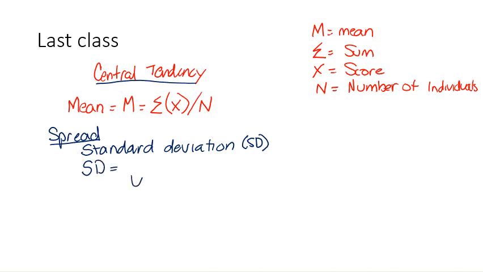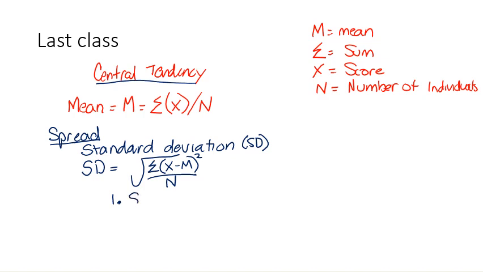The formula for standard deviation in this model is we're going to take the square root of the sum of all the deviations squared divided by n. So that's the whole formula, but we also said that in this class we're always going to be breaking it apart. We're always going to have 3 steps.